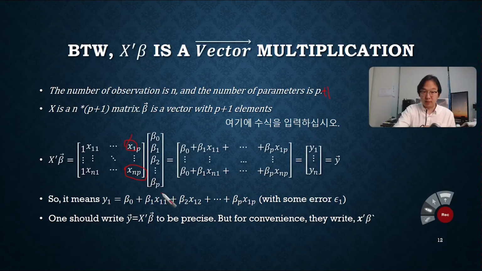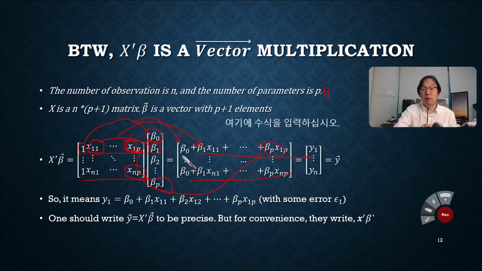beta p, like this. So if you do the multiplication, the first one, 1 times this guy, that's that guy. The second one times that guy should be that guy. And then the last one times that guy should be that guy, right? So first row, first row, last row, last row.